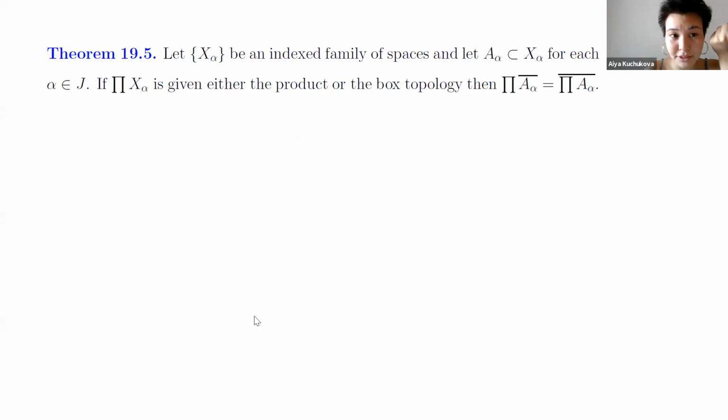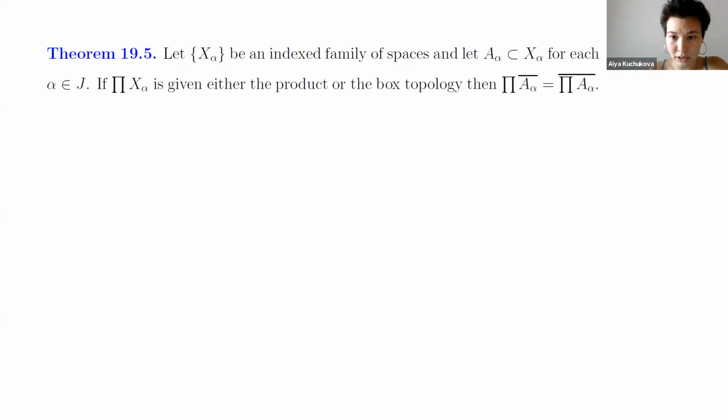How about we start with the first direction? Maybe we can use a definition. I think the closure of a cross product of A's would be the intersection of all open subspaces which contain that cross product of A, right?